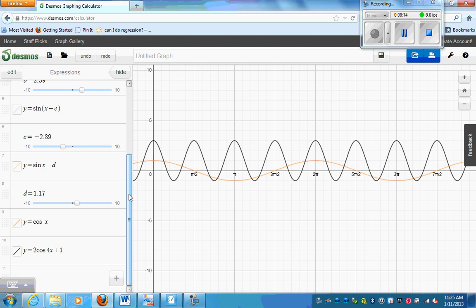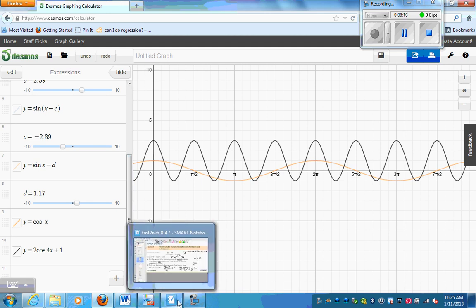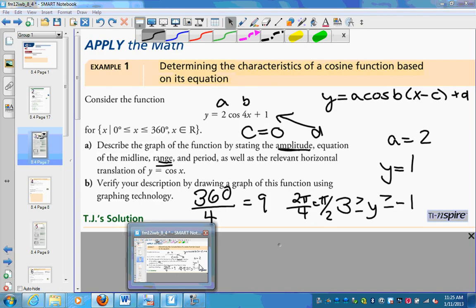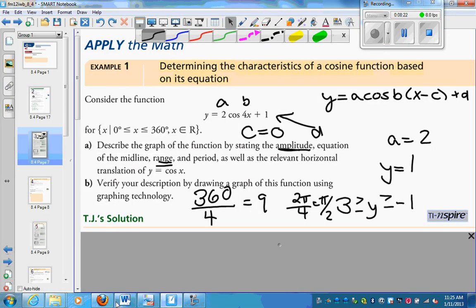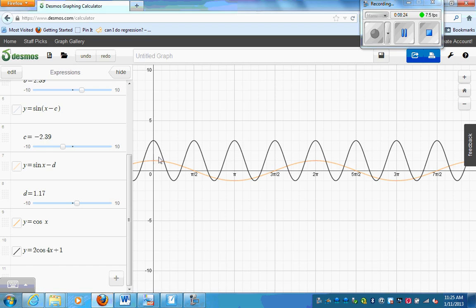So let's look back at what I said here. I said the amplitude was 2. The midline was y equals 1. The amplitude is 2, that makes sense here. So here, my midline was there, and my amplitude is 2 down or 2 up.